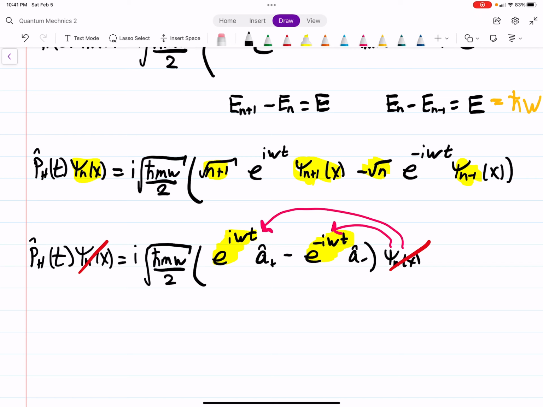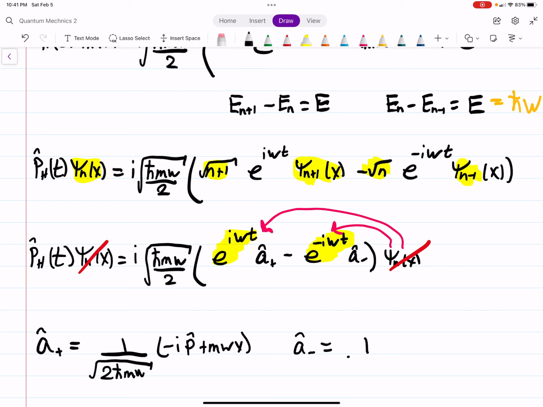And now, again, our raising operator, let's define, well, it's already been defined, but I'll write it down again because it's way up there. This is our raising operator. And this is our lowering operator.